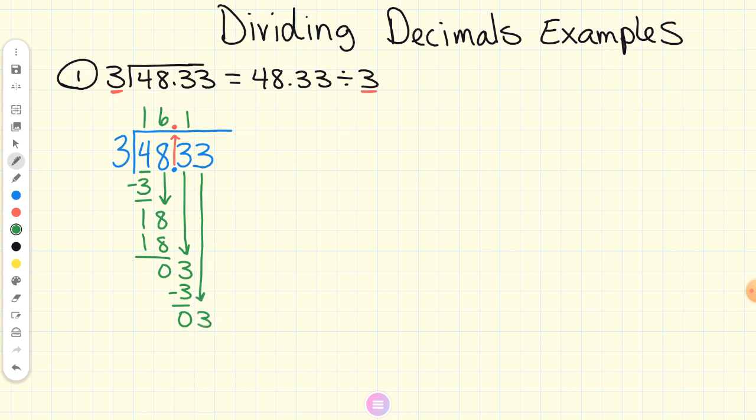Madison, now what? That's your remainder. Nope. I just dropped it. What do I have to see? 3. How many times does 3 go into 3? Once. I put another 1 at the top.